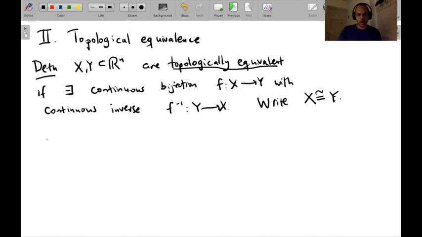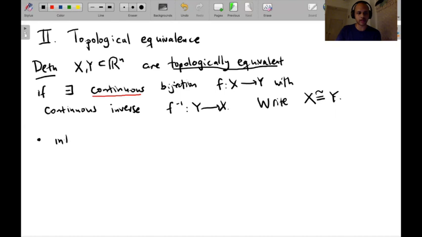So ultimately, eventually, we'll need to give a rigorous definition of what continuous means. But for now, let me not go down that road.